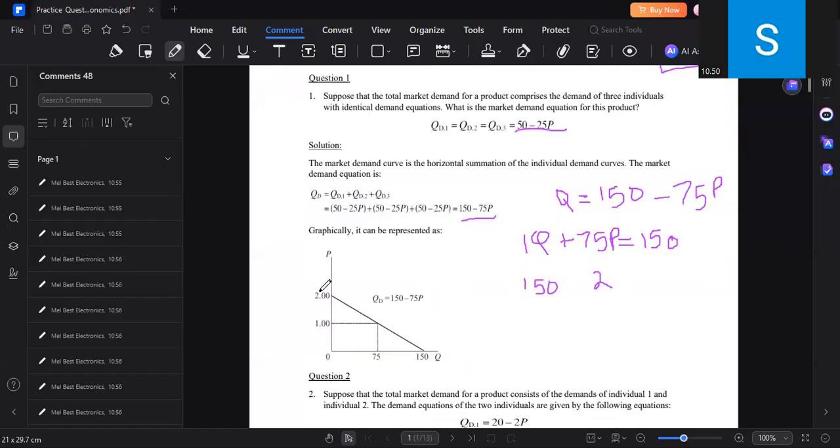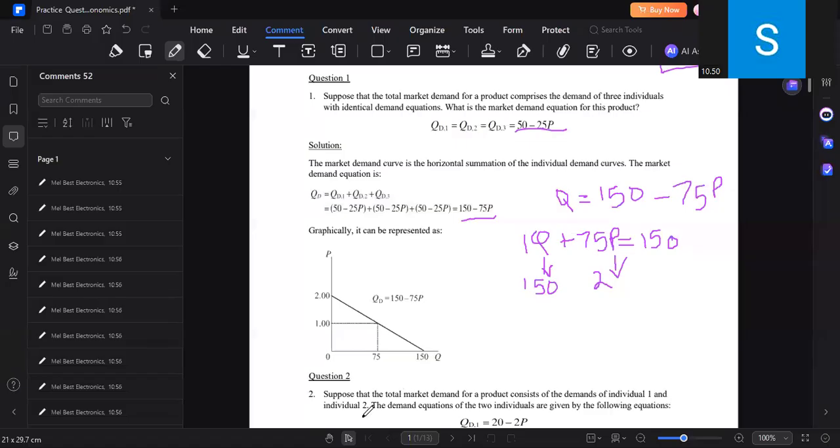So this is how you sketch. I repeat, Q is equal to 150 minus 75p. When this one comes this side, it becomes positive. Where there is no number, we know there's an invisible one. So 1 into 150 is 150, meaning the q-axis is cut at 150. Then the p-axis, 150 divided by 75 is 2. We know that p is always on the vertical and q is always on the horizontal, so you put a 2 there, and you put a 150 there, and you sketch.